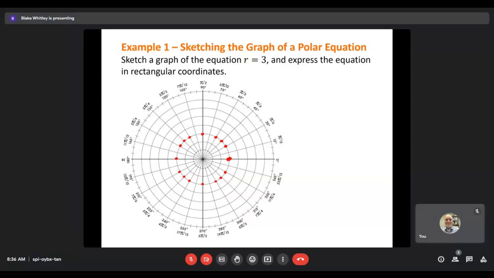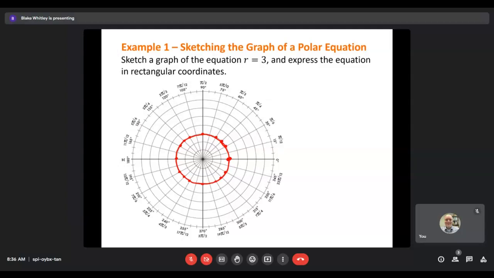If that r value is always 3 and theta can be anything, when I connect these, I end up with a circle that has a radius of 3. And that would be the graph of the polar equation r equals 3.